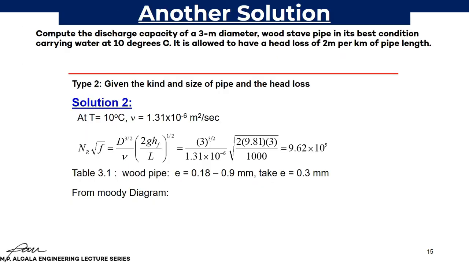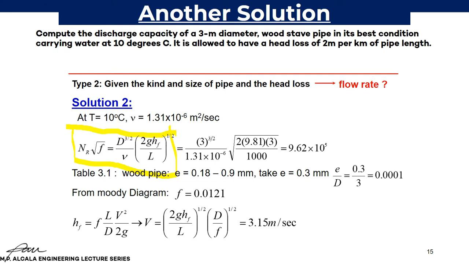Another solution, this one. You can simply use this formula, but still using the Moody diagram. I was supposed to say free body diagram. I'm combining my concepts from other subjects. From the Moody diagram, that will be 0.0121.